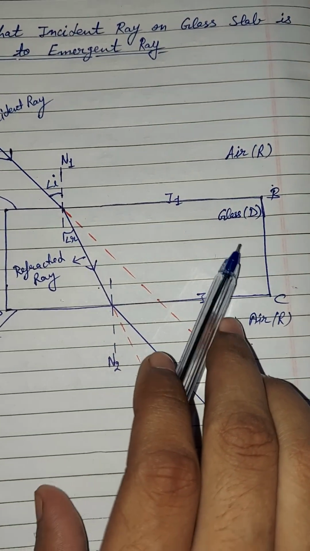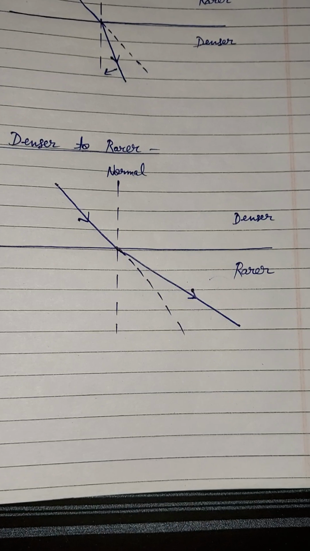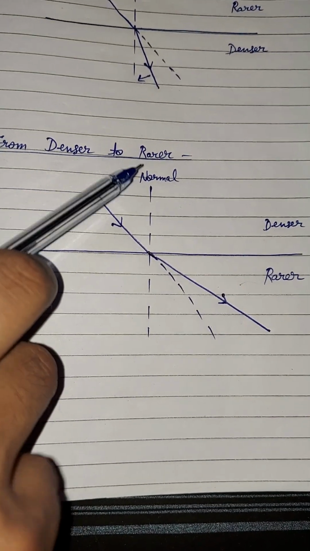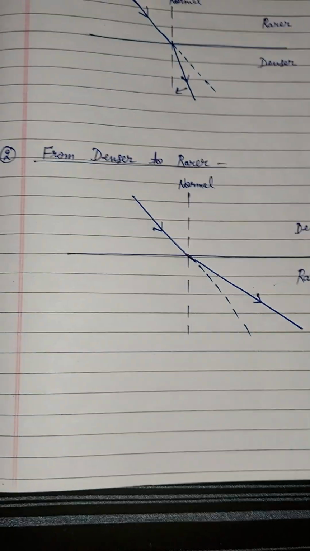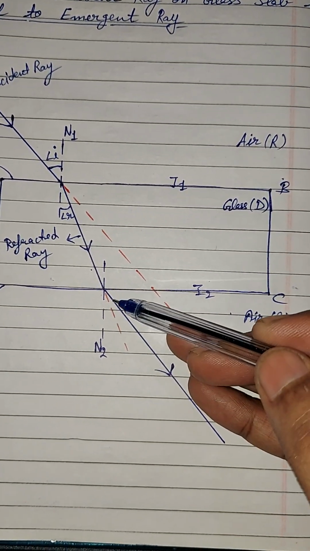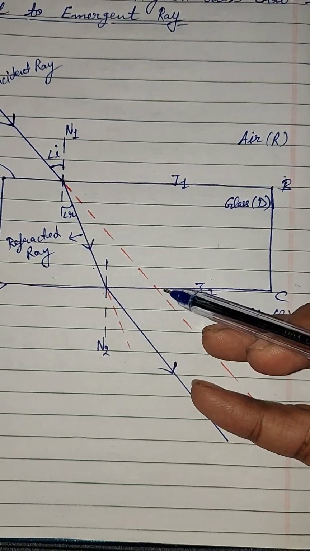So we will use this law, that when a ray of light moves from a denser medium to a rarer medium, it will move away from the normal, from its original path. As you can see, this is the original path and it has moved away from the normal.